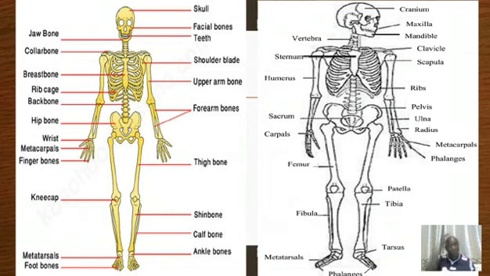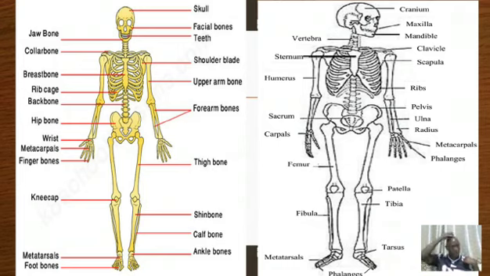Then from there, we have this bone here, which we call the clavicle, also called the collarbone. In some people it's very prominent, this bone that runs from one end to the other.